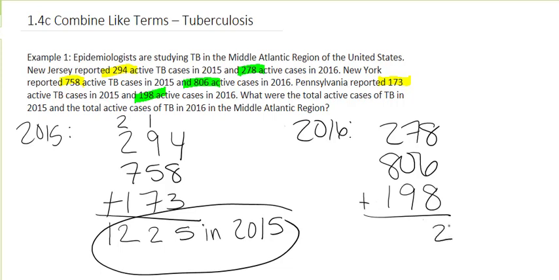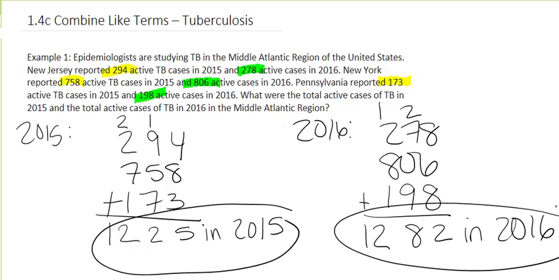Put the 2 below, and we carry the other 2. 2 plus 7 is 9, plus 0. 9 plus 9 is 18. 8 below, carry the 1. 1 plus 2 is 3, plus 8 is 11, plus 1 is 12. So we have this many cases of 1,282 in 2016.